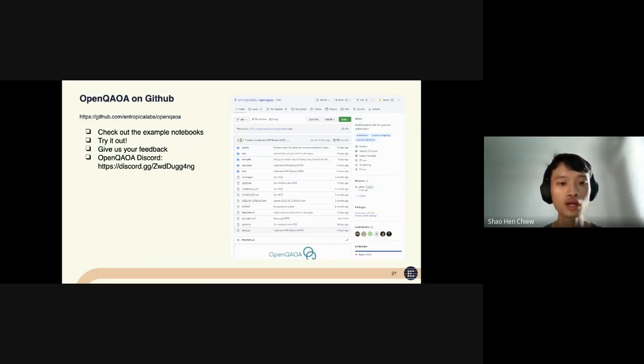It teaches you how to create QAOA circuits, how to play around with different parameterizations, how to use extensions of QAOA such as recursive QAOA, how to use simulators and quantum computers to run things, and a lot more. Feel free to go to this GitHub page, do a git clone, and check it out. We would really appreciate your feedback. And here's also the Discord link.